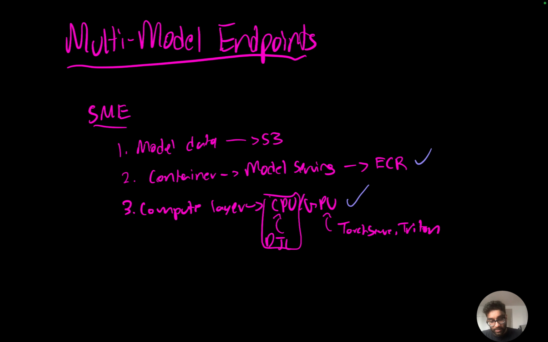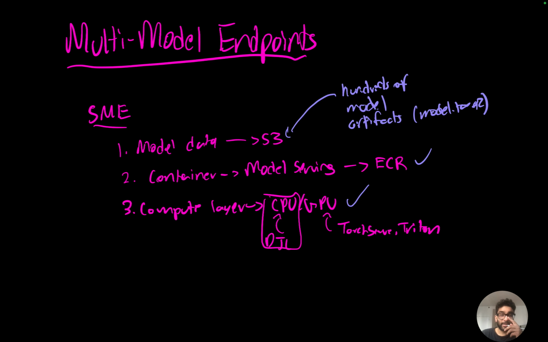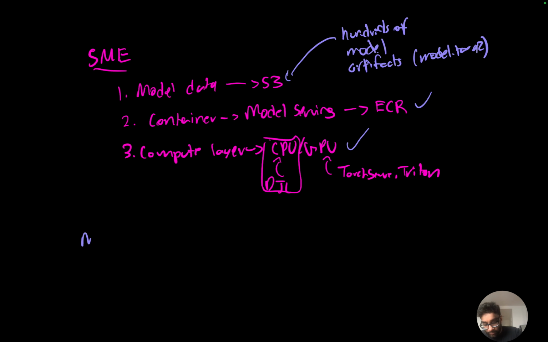But what changes here is with the model data, keep in mind we now have hundreds of model artifacts. And if you remember, for our model data, we were creating a model.tar.gz, right? Which encapsulated all of our different artifacts, including our model data and any inference scripts, any serving files that we might have been dealing with. For MME, the difference with model data is you need to provide an S3 path, which contains all these artifacts.